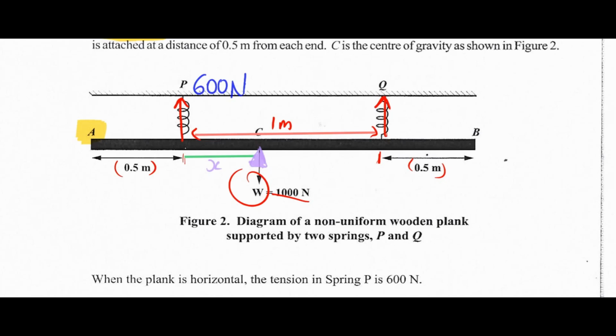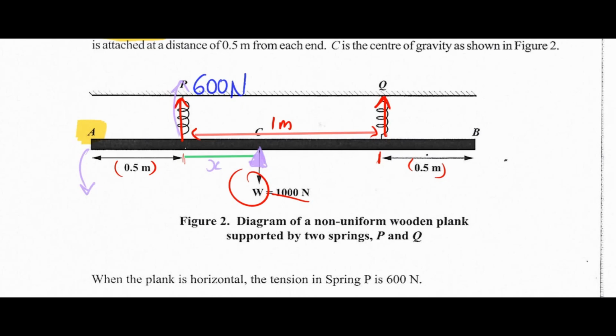And we need to figure out what would be providing the total. This would be the anti-clockwise, so the total clockwise going up, right? So that would make the clockwise be equal to 600 times 0.5.